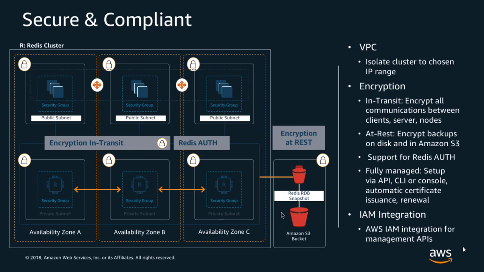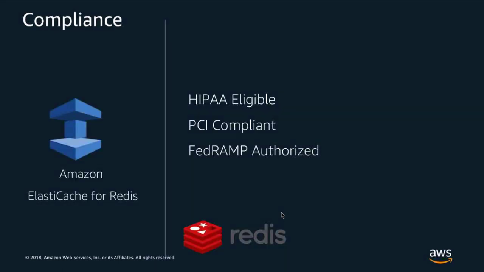In terms of manageability, whether it's encryption in transit or at rest, all of that is fully managed by ElastiCache, and as a user, you don't have to worry about automated certificate issuance, renewal, etc. And finally, as with all other services within AWS, you get IAM integration for management APIs. Recently, ElastiCache for Redis has also undergone compliance certification, so the service is fully compliant, whether it's HIPAA, PCI, or FedRAMP.